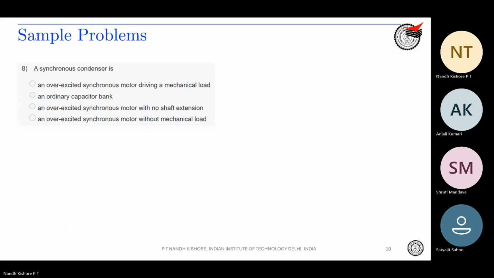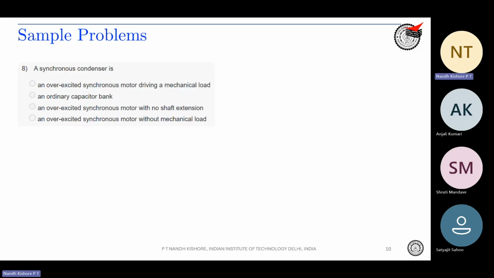I heard the word large capacitor bank, sir. It generally works like a large capacitor bank which supplies reactive power to the grid side. Correct. So since you can control the excitation, it's basically like a controllable capacitor bank, right?